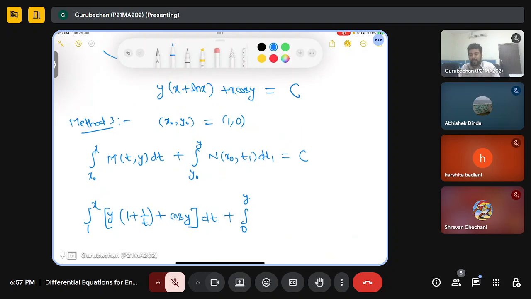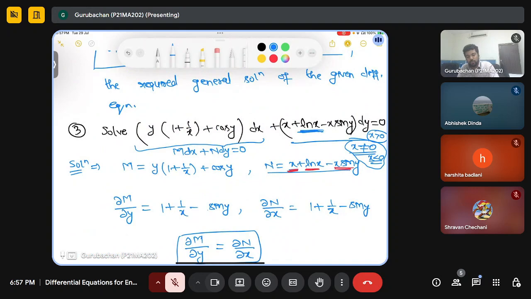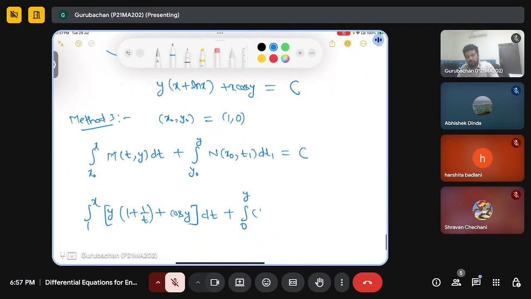Correct? So x naught equal to 1 we have to put in this particular equation. What will it give you? 1 plus ln 1 minus sin t1, since we are writing t1. So it will be nothing but 1 minus sin t1 dt. Correct? But are you getting to this step, Shravan?